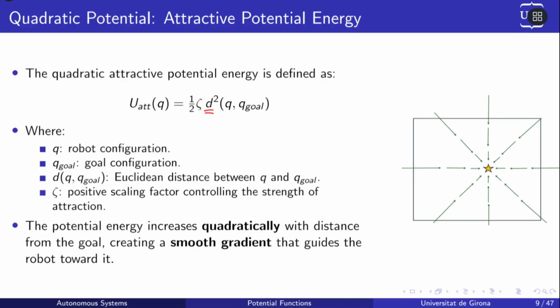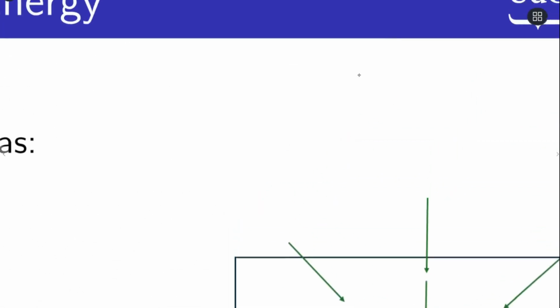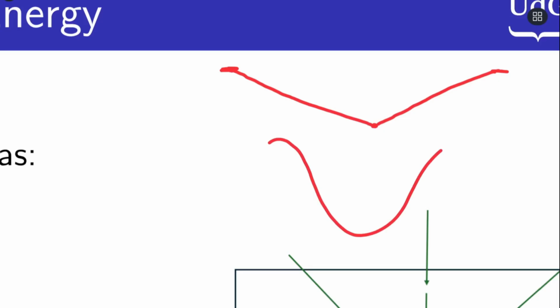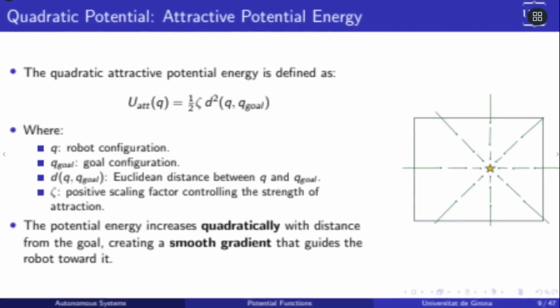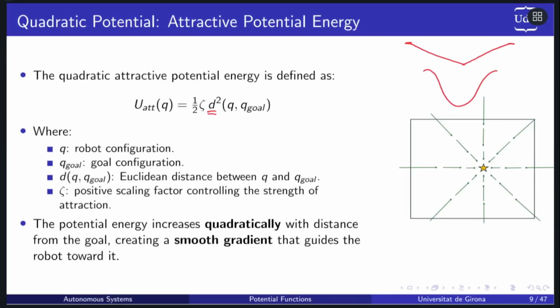Instead of moving like that, if this is the goal and we start from this position, now we do something like that. It's more like the analogy of the bubble that we were talking about before than something linear. It's almost the same as using a linear function, but with the quadratic function the gradient will be smooth.